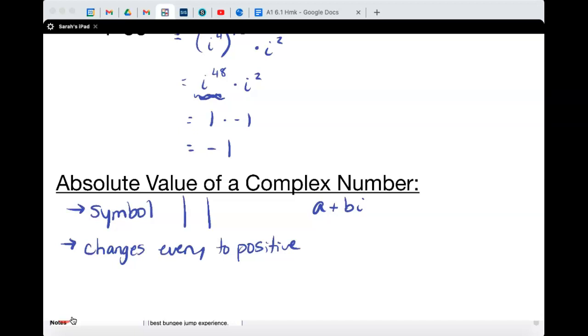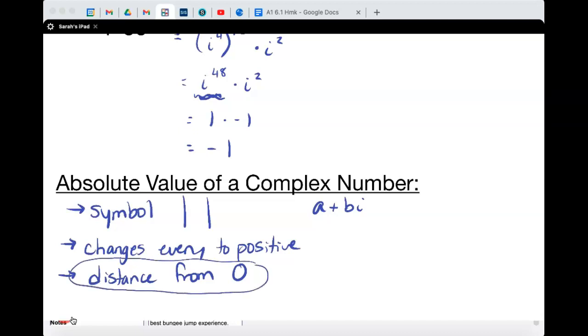If it's the absolute value of 1, it stays 1. So always positive numbers. We had another definition: absolute value can be represented in a story problem, and this is always the distance from 0. This is the one that we need to focus on, this distance from 0 piece.